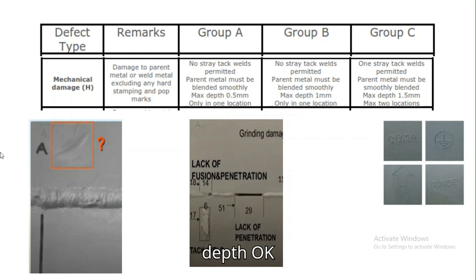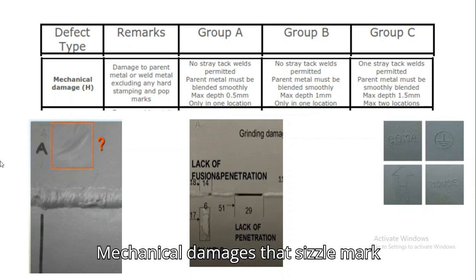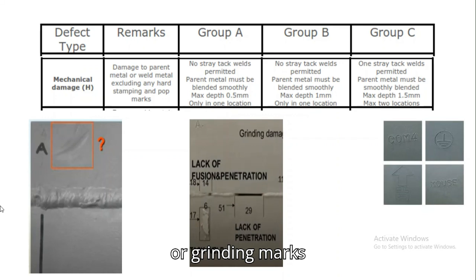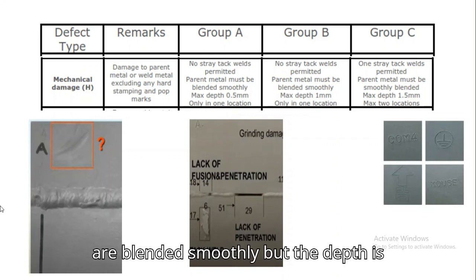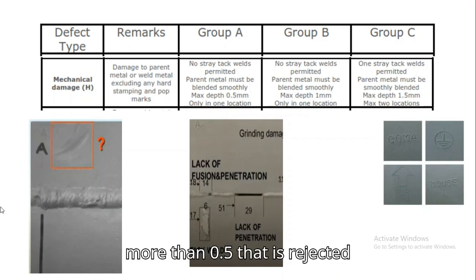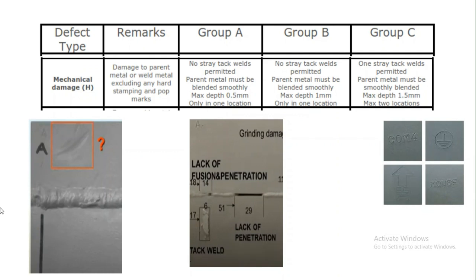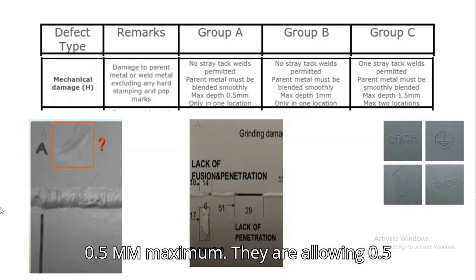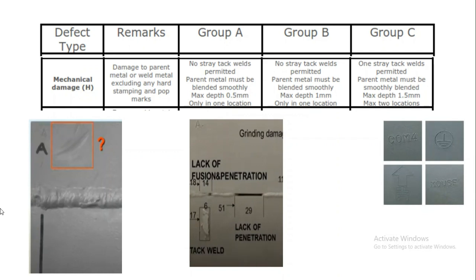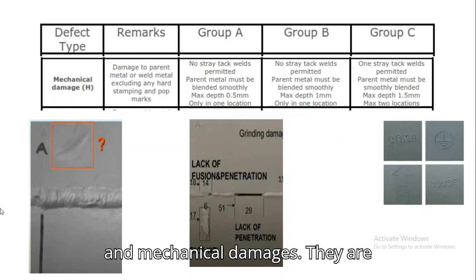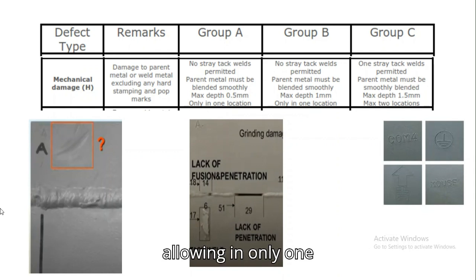And depth: if the chisel marks or grinding marks are blended smoothly, but the depth is more than 0.5 mm, that is rejected in group B. Depth should be below 0.5 mm. Maximum they are allowing 0.5. And mechanical damages, they are allowing in only one location.